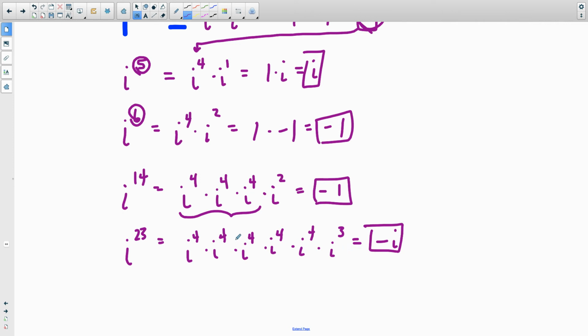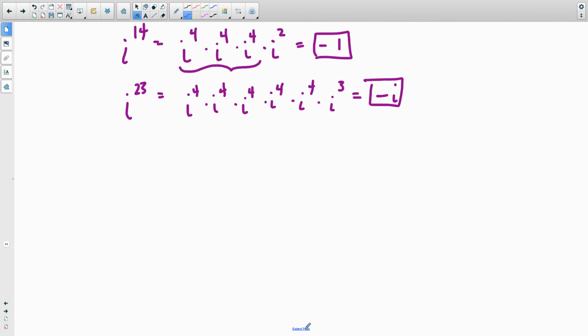You may get a problem like this if you take the SAT or the ACT. I can't guarantee you're going to get one, but it may come up. They're going to say, "What's i to the 57th power?" and you're only going to have 4 choices. It's a multiple choice test, so it's one of those 4 values. How do we know which one it is? What is the closest multiple of 4 to 57?